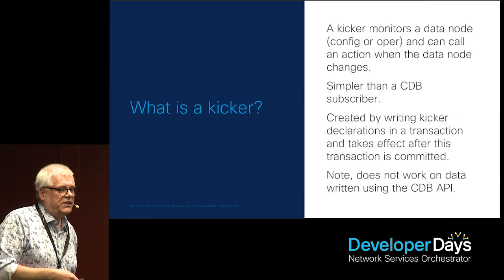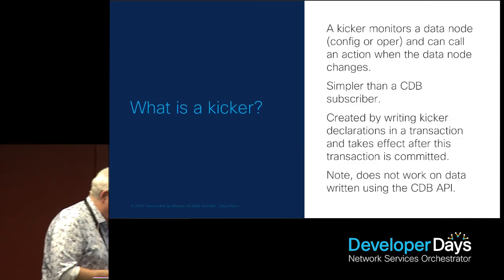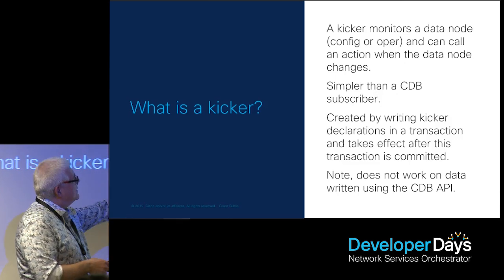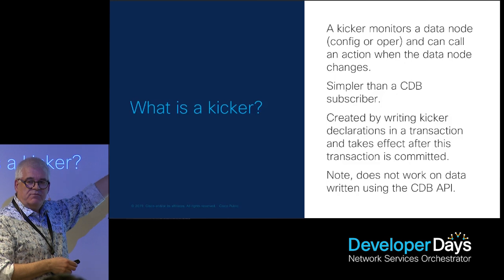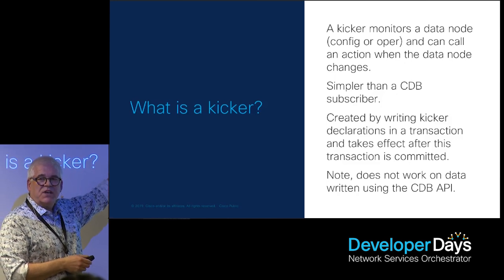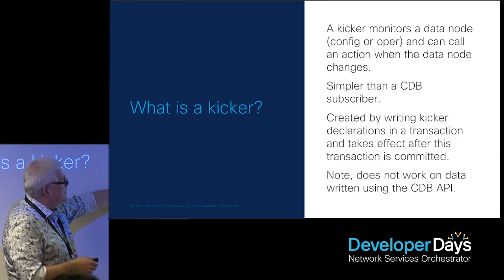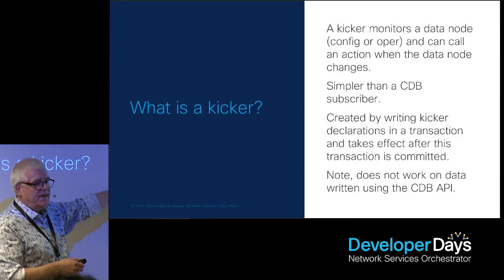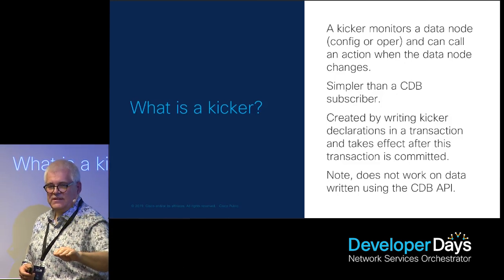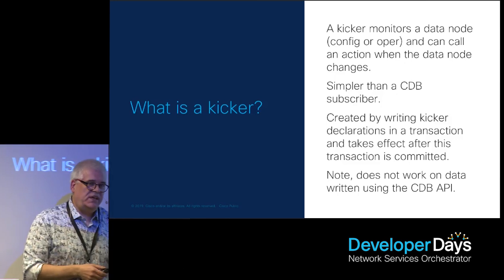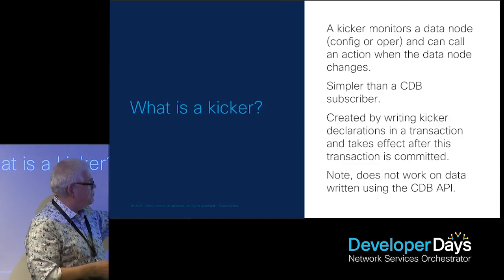Super short about what a kicker is. The difference between a kicker and the CDB subscriber is that a kicker can just do one thing. It can monitor and invoke an action. A CDB subscriber can do a lot of things. But the important part is that it's only declarative. You write data in a transaction, and when you commit it, there is a kicker that will monitor and invoke an action when something happens.